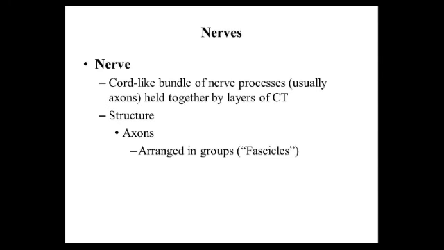Surrounding each individual muscle cell is a layer of connective tissue called endomysium. Surrounding the fascicle was perimysium. Surrounding the entire muscle was epimysium.